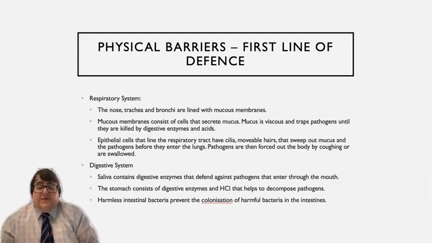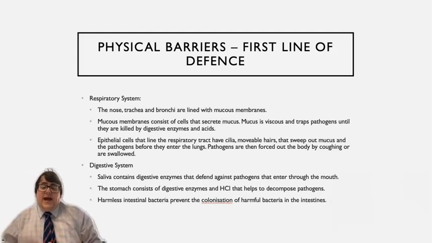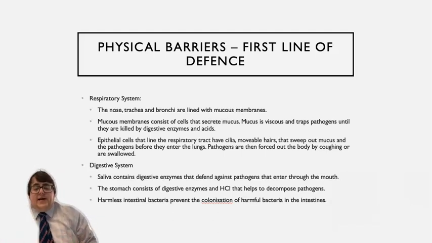We also have epithelial cells that line the respiratory tract, and they have something called cilia, which are movable hairs. They keep sweeping the mucus out, and if pathogens are stuck in that mucus, they sweep the pathogens up and out, and we cough them out as phlegm before they enter the lungs. So that's why sometimes you're coughing up phlegm, it's your body kicking out pathogens that are trapped in the mucus.